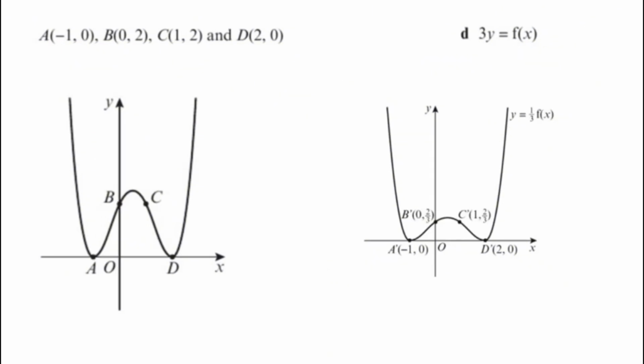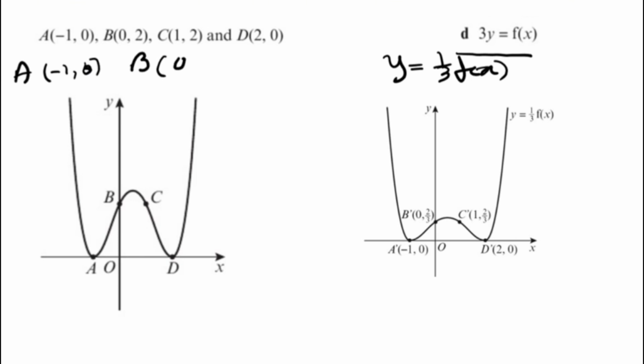The next transformation is 3y equals f of x. So y equals one over 3 f of x, which means all the y coordinates are divided by 3. So our A becomes (-1, 0) because 0 divided by 3 is 0.